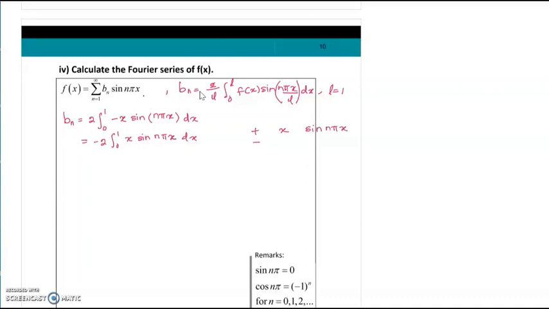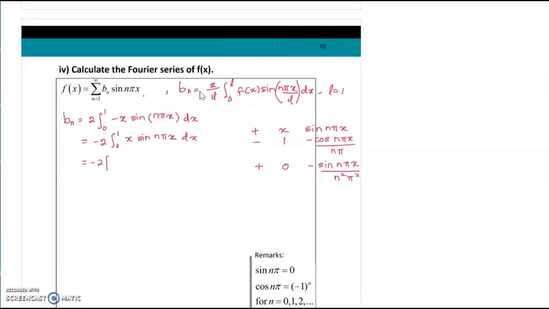In the second column we differentiate: differentiating x gives 1, integrating sine gives negative cos(n pi x), but don't forget to divide by n pi, because we differentiate n pi x with respect to x. Then proceed further until the second column is 0. Differentiating 1 gives 0, integrating cos gives negative sine(n pi x) over n pi, so we have n squared pi squared.